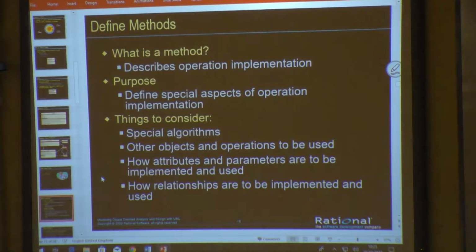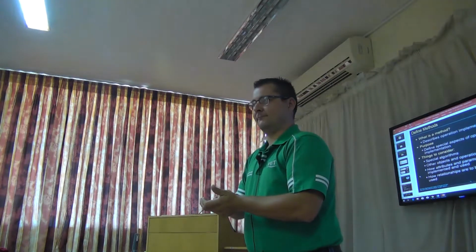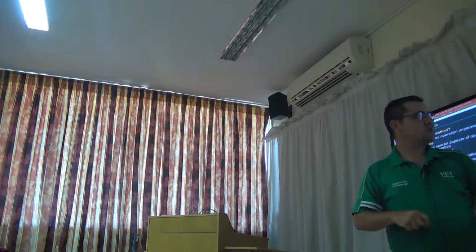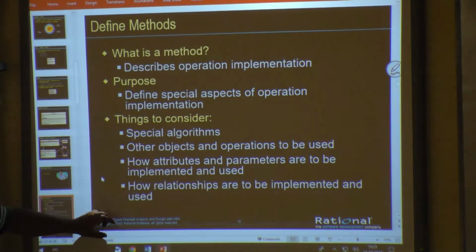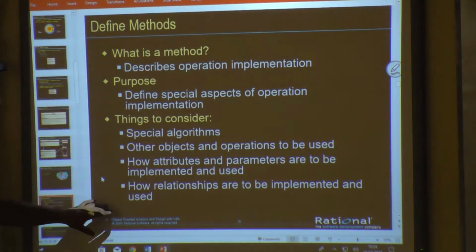Are we going to use temporary attributes? Possibly. Okay. Because this section is quite complex in getting the actual balance. Is there relationships and how are they to be implemented and then used from there on? Okay. So those are things you might need to consider when describing methods.